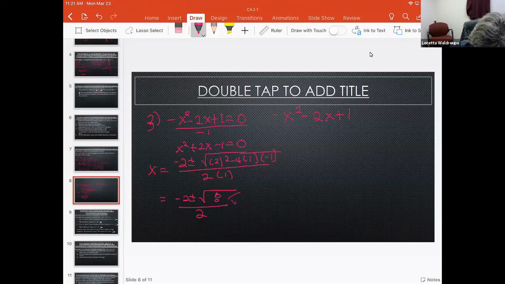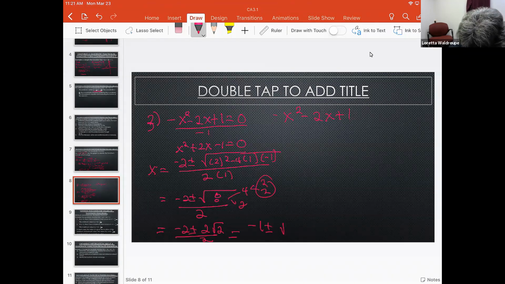Simplify the square root of 8, just like we've done before. Divide. Okay. And the last step, find your y-intercept by putting a 0 in for x.